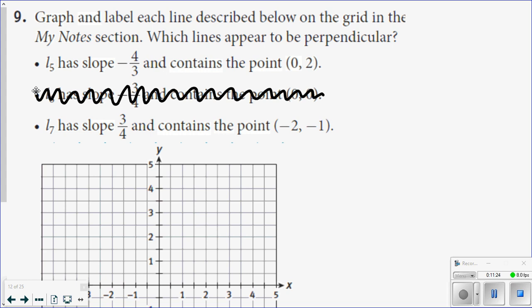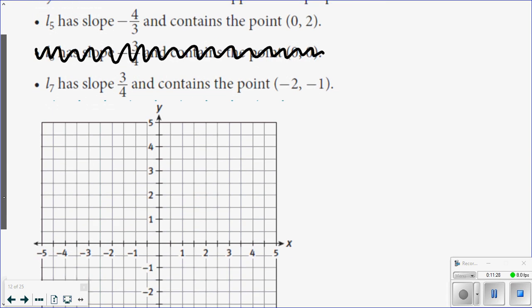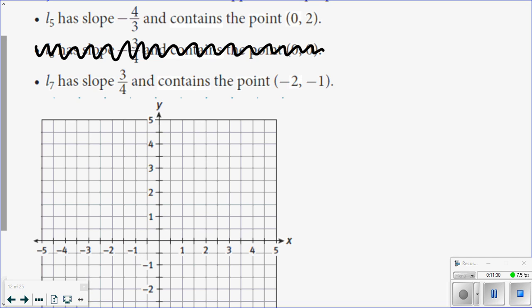You should see that you have a graph in the My Notes section of your book. L5 has a slope of -4/3, and it contains this y-intercept, the point (0, 2). So on our y-axis, let's go up to 2 and plot your point.